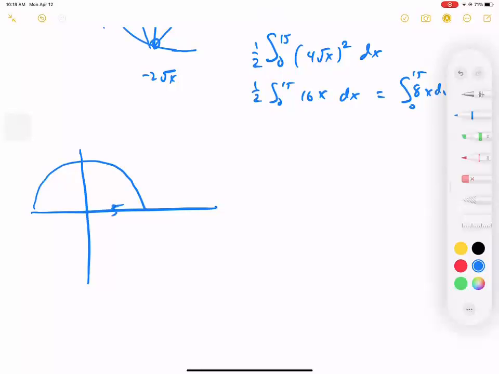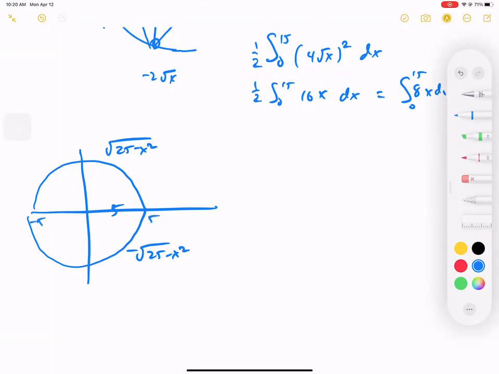The equation they gave us was the square root of 25 minus x squared. The bottom equation was negative square root of 25 minus x squared. So find the solid between the planes perpendicular to the x-axis from -5 to 5.